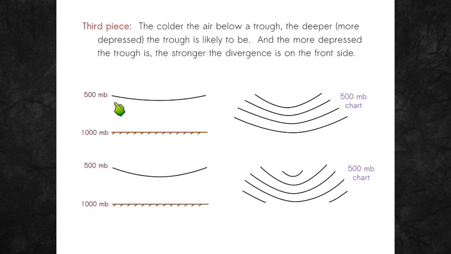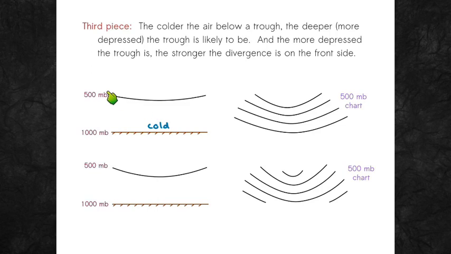And you'll recall that in the places where this layer in between is warm it will expand, and places where it's cold it will contract. So for instance, if I've got cold air here in the center, that means that this part of the layer is going to contract.